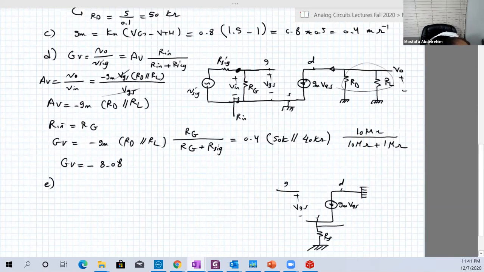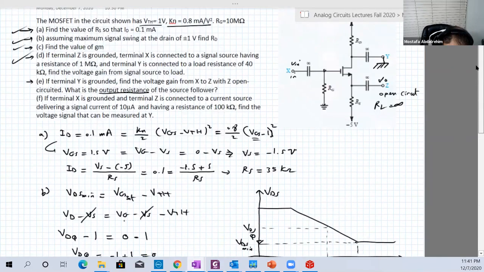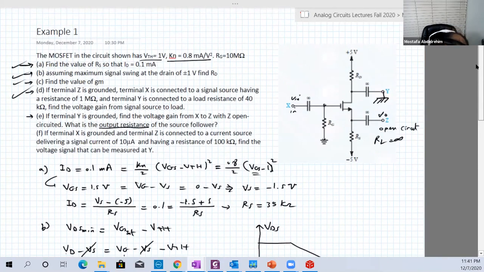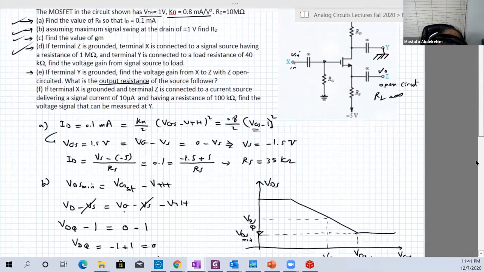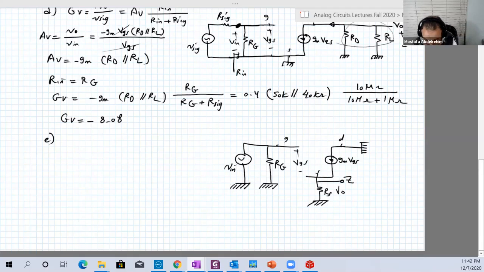And here is basically the terminal Z. Okay, and here is the output, the voltage across RS. And between the gate and the ground, there is RG and the input signal. We have RG and the input signal. Okay, good.